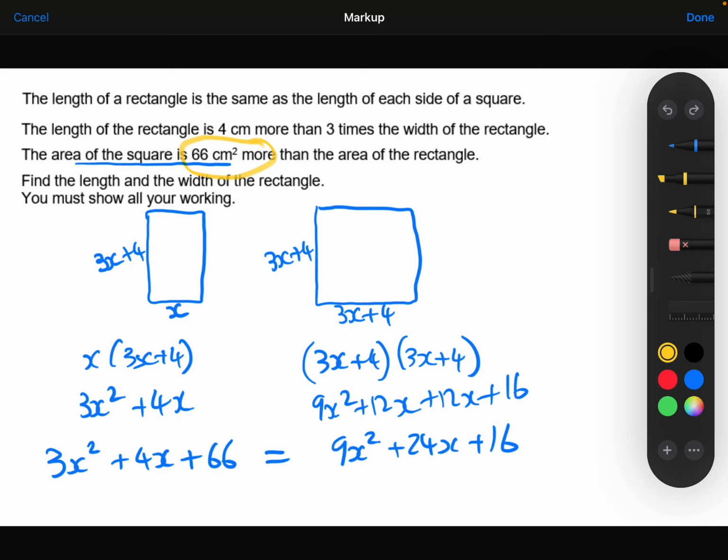Right. This is a quadratic equation, so let's subtract the 3x squared from both sides. The 9x squared take away the 3x squared is 6x squared. We'll subtract the 4x from both sides. So the 24x take away the 4x is 28x.